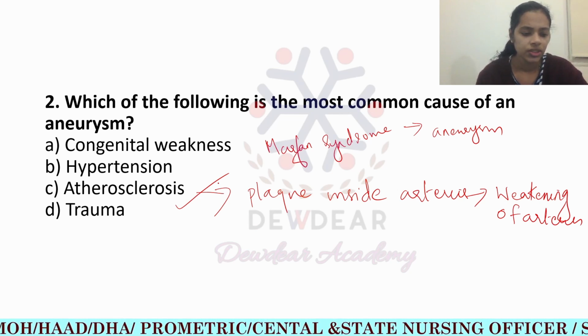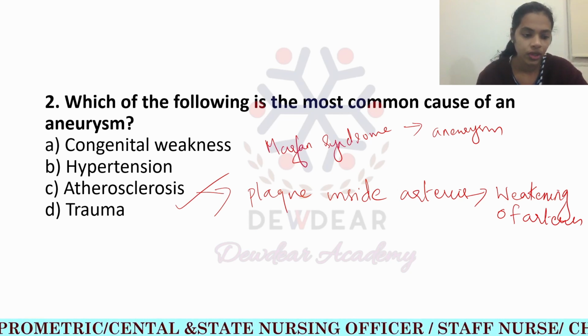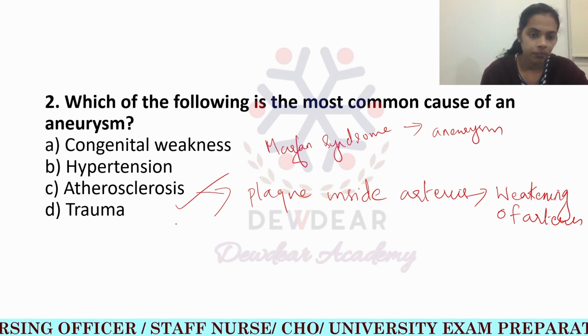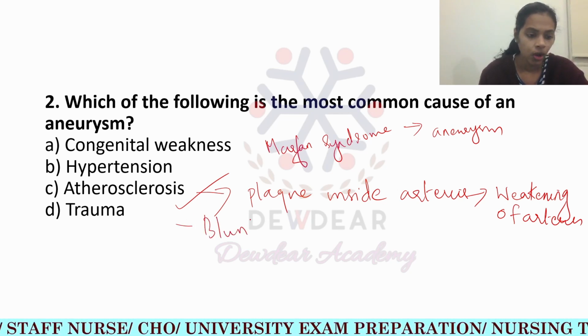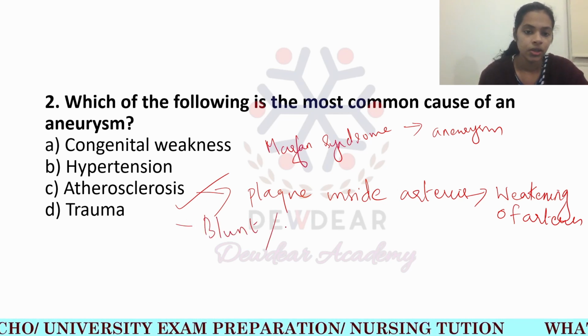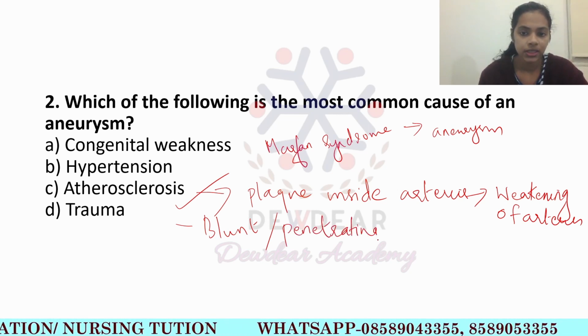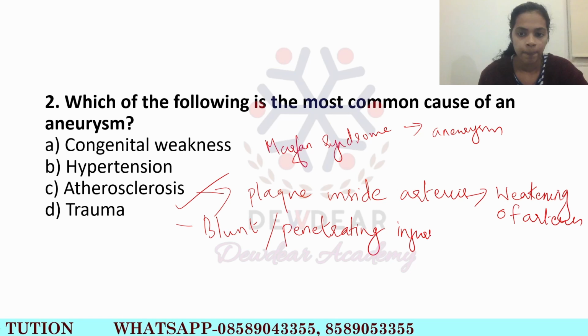Then the last option is trauma. Traumatic aneurysms can occur mainly following injuries like blunt injuries or penetrating injuries to the arteries.